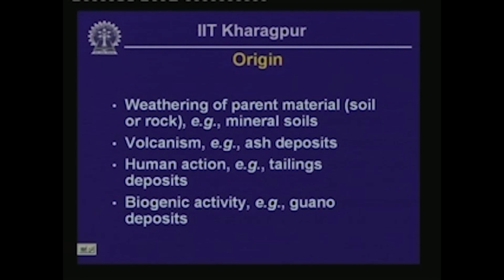And actually these are economic minerals really. They are called guano deposits, and they are essentially a very large source of phosphate mineral, and they are commercially exploited as well. So, biogenic activity also can give rise to very large volumes of soil-like deposits.